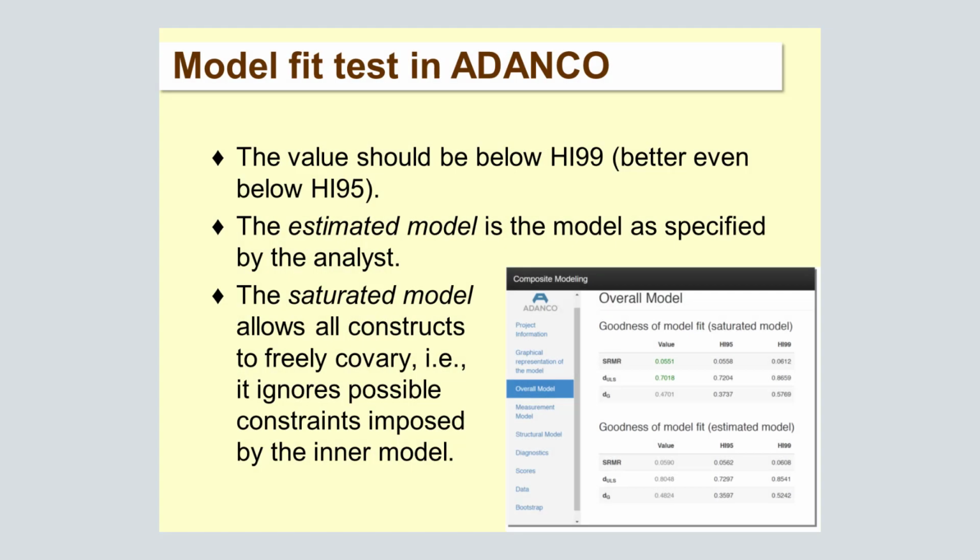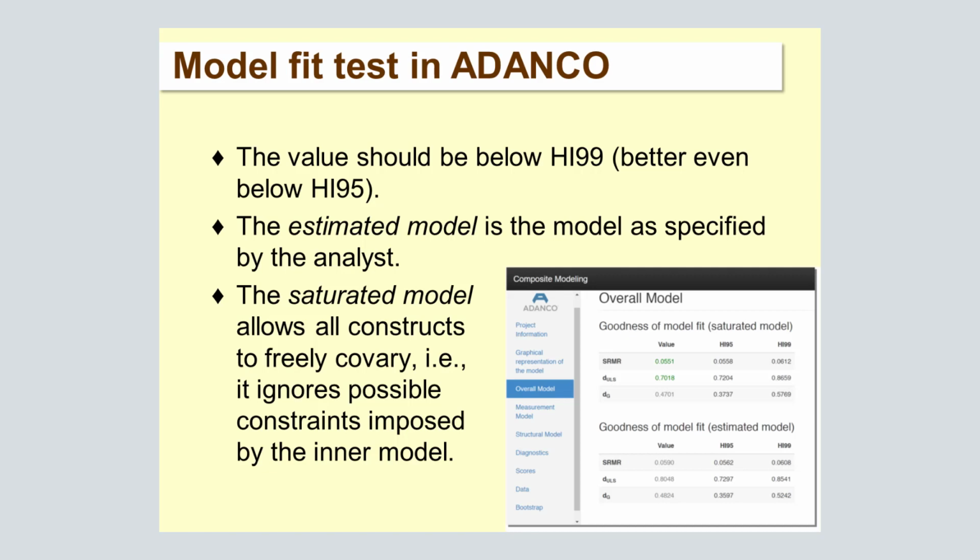Once we have the empirical discrepancy distribution, we can look back at what our original discrepancy was and compare it with the quantiles, the HI95 or the HI99. We can find the HI95 and HI99 values in the ADANCO output. ADANCO provides these model fit figures for the estimated model and the saturated model.